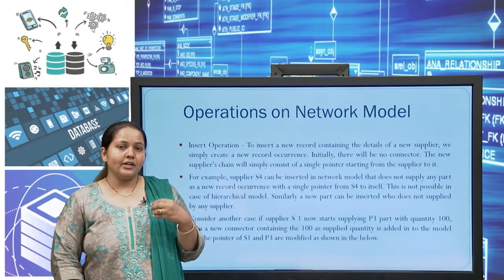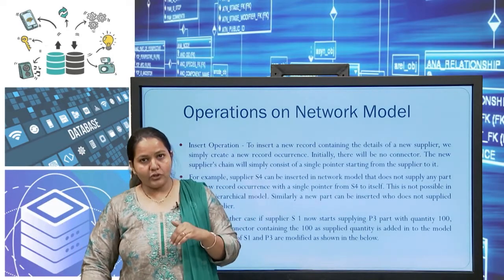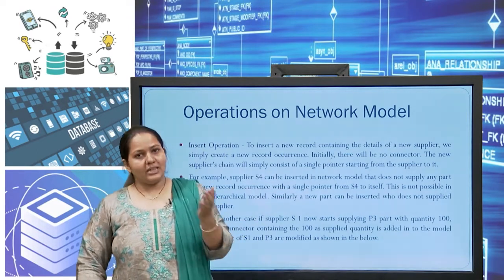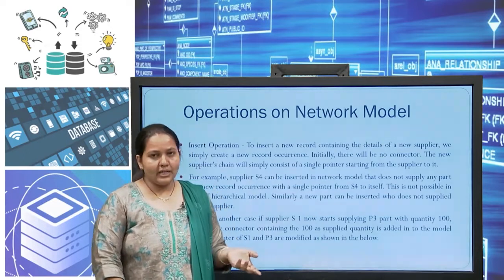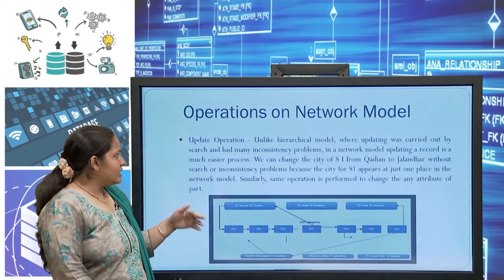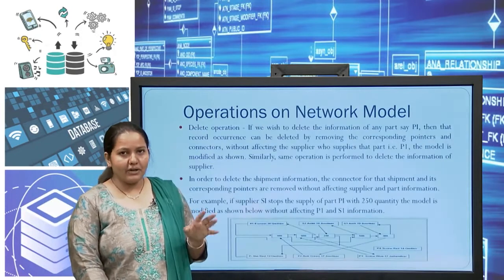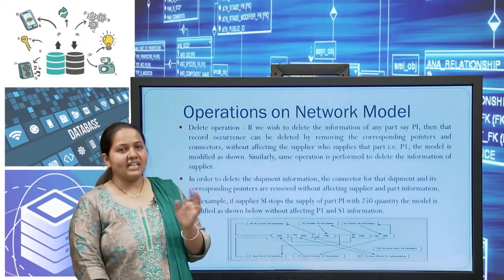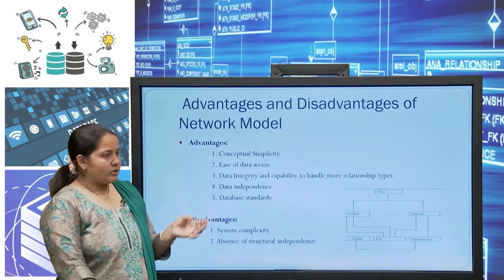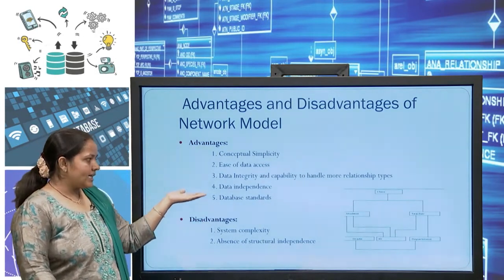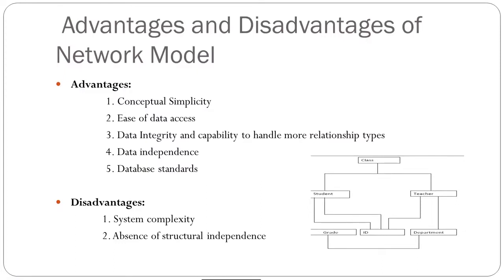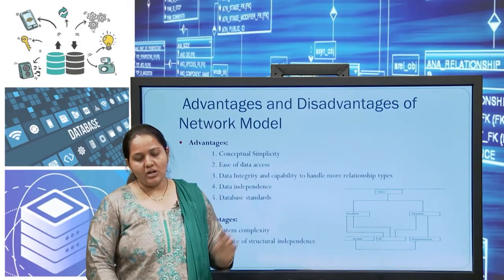If I want to add a new supplier, then it is okay, but if I want to add a supplier with a shipment quantity, then it becomes difficult to design. That is why we use the relational model, where insert, update and delete are very easy. As we know, ease of access and integrity are maintained, but the disadvantage is structure independence, because if we add something, it must change your structure.